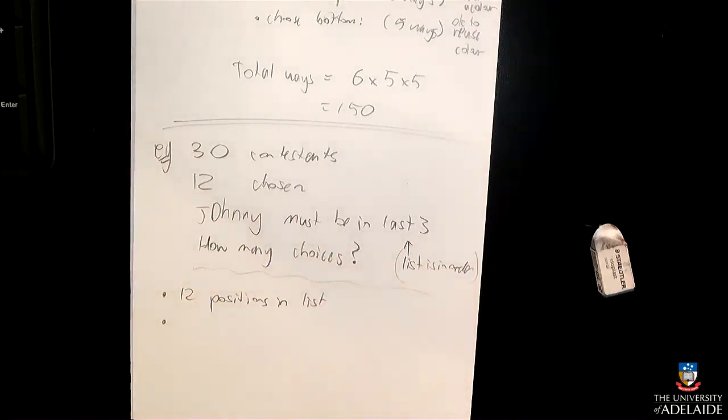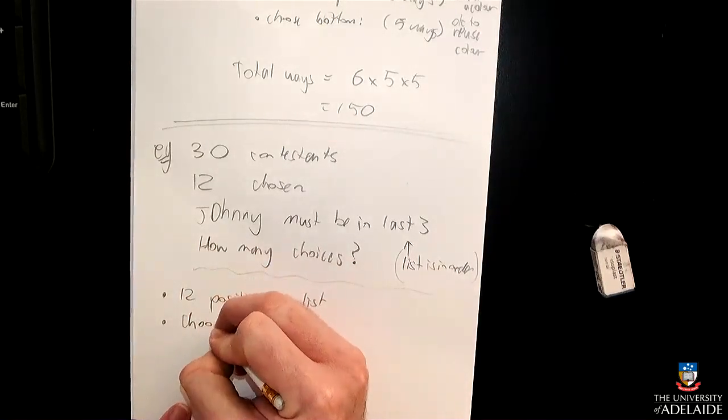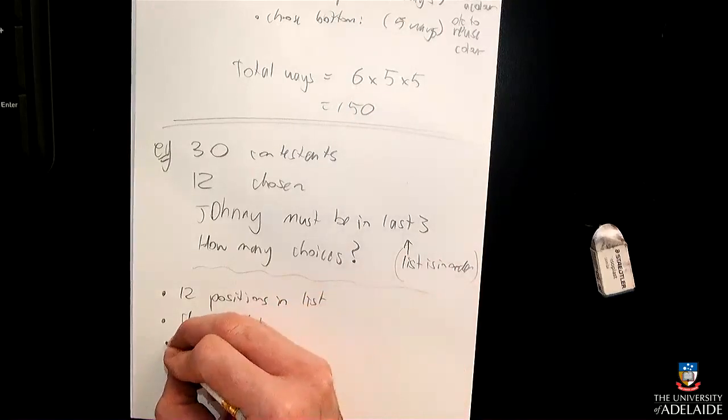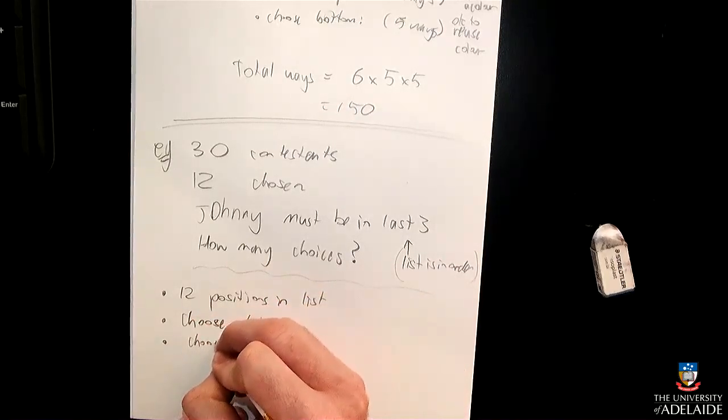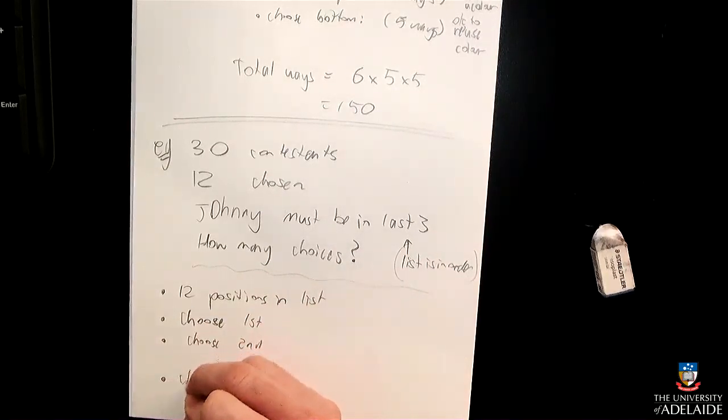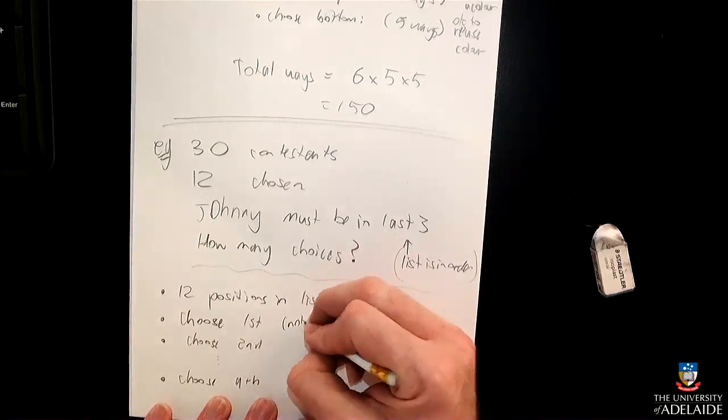So I could actually just choose them in order, right? Choose the first one. Choose the second one. Up to choosing the 9th one, right? Because Johnny's in the last 3. So I can choose whoever I want, but I'm not allowed to choose Johnny for this one.